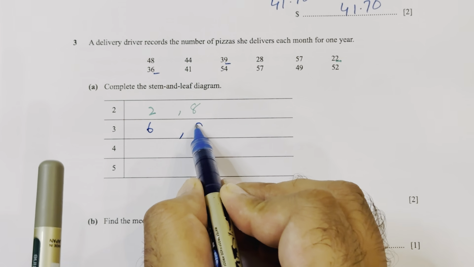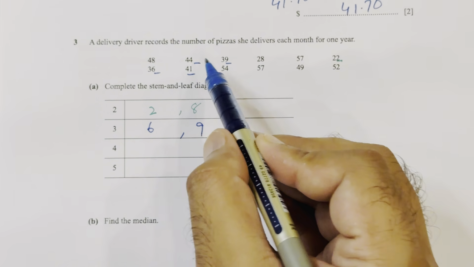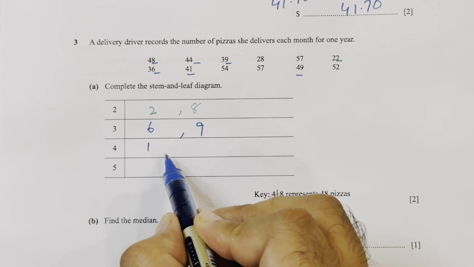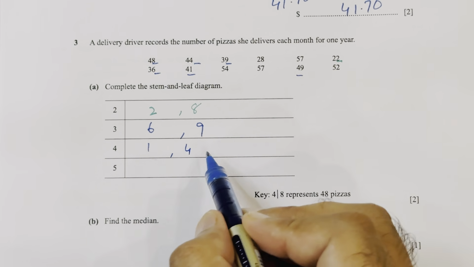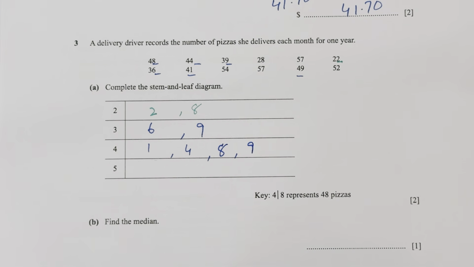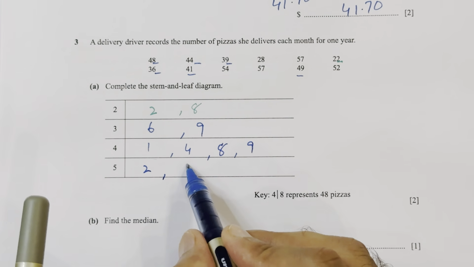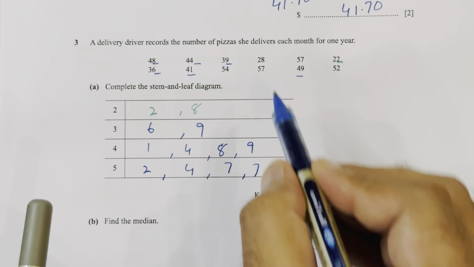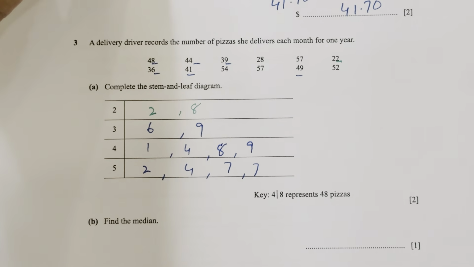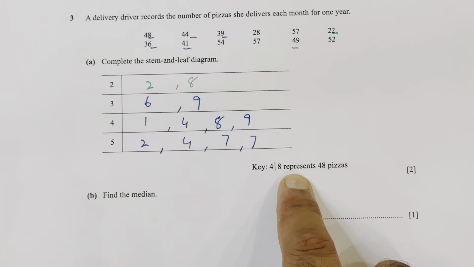For the 40s we have to write 41, 44, 48 and 49. Similarly, the rest of it would be 5, with 2, 4 and 7, 57. There were 2 values of 57, so this was easy. Even the hint is given: for 48 pizzas, you write 4 and 8 like that.